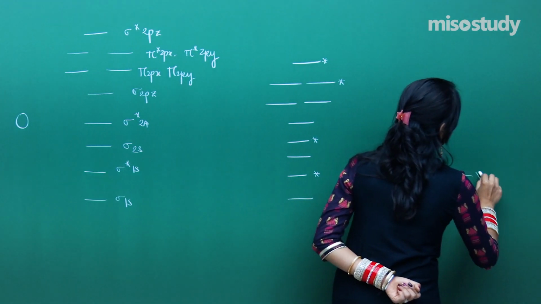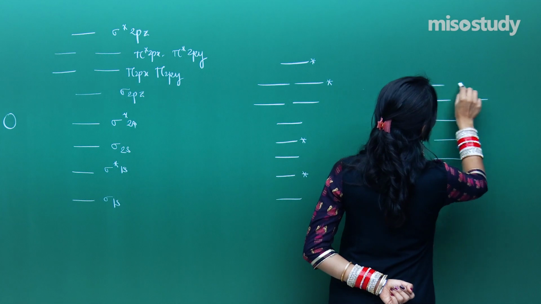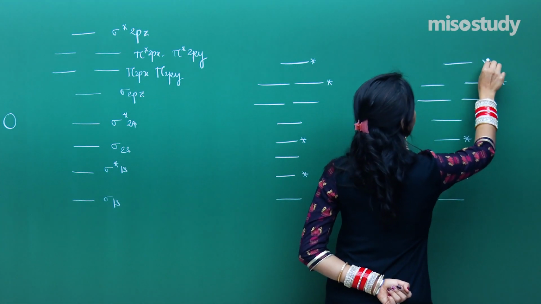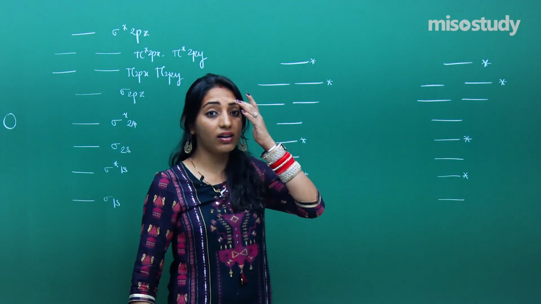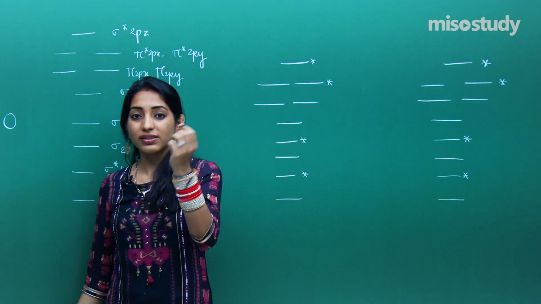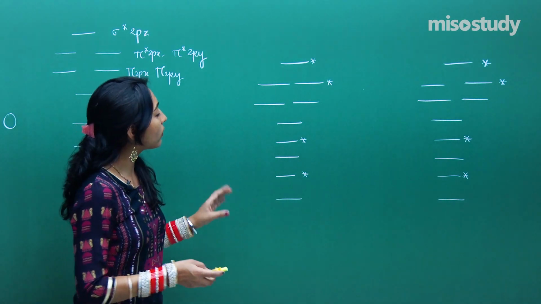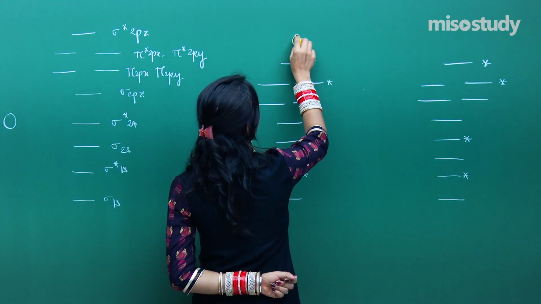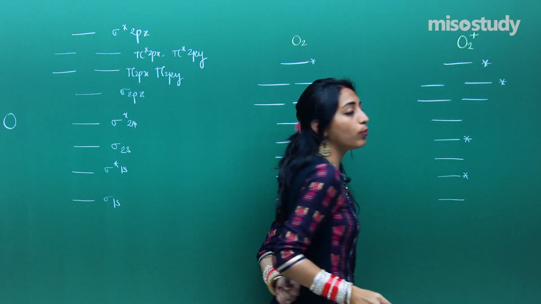I have this habit of drawing it in short, and I don't feel like writing all those sigmas, because that's a little confusing. Now this particular diagram I'll consider for oxygen, and this one for O2 positive.